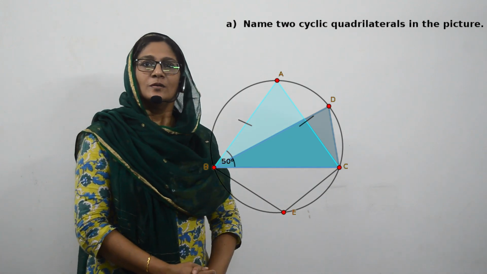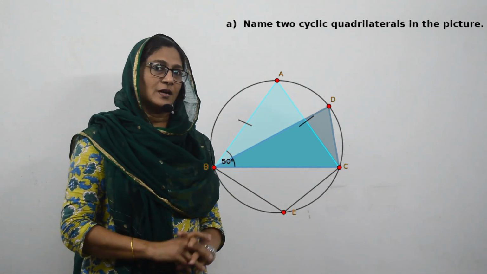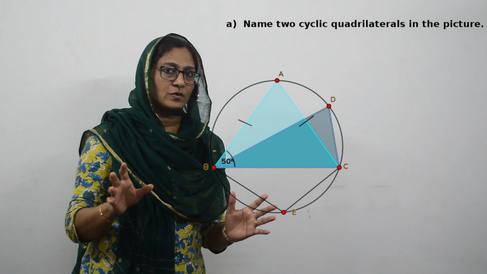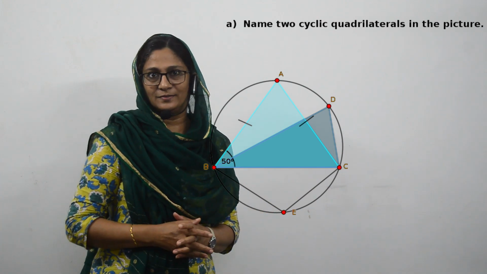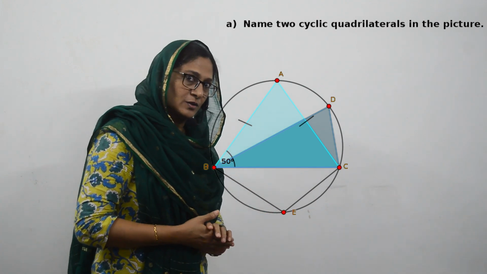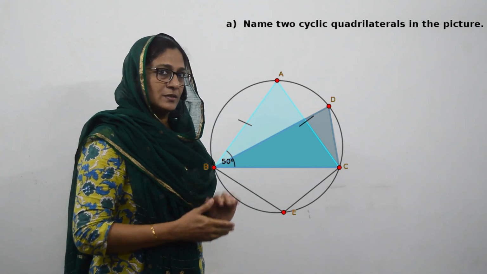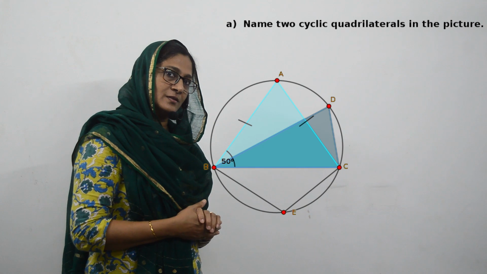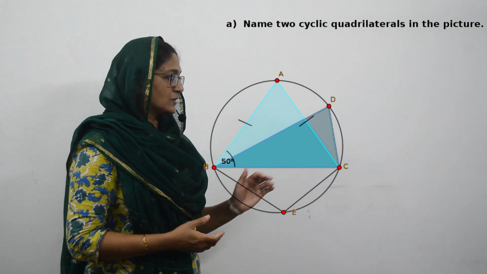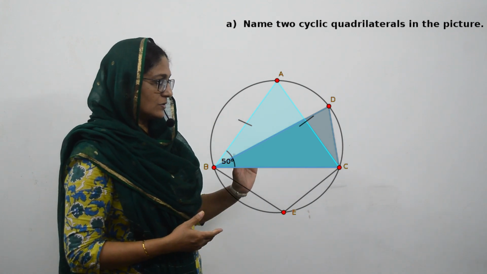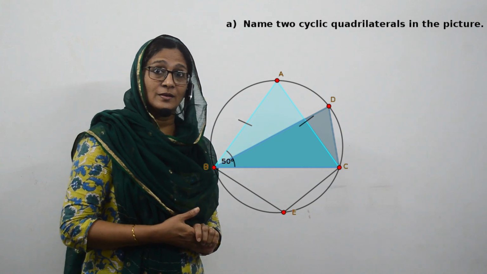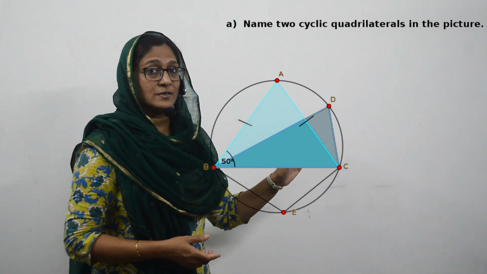We already know that cyclic quadrilaterals are quadrilaterals with 4 vertices on the circle. Look at our figure closely. Can you notice quadrilaterals in the figure? Yes, of course, we can see quadrilaterals. Can you notice quadrilaterals with its 4 vertices on the circle?